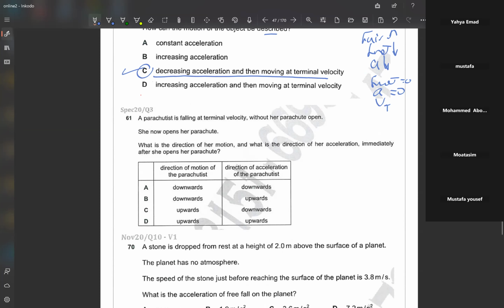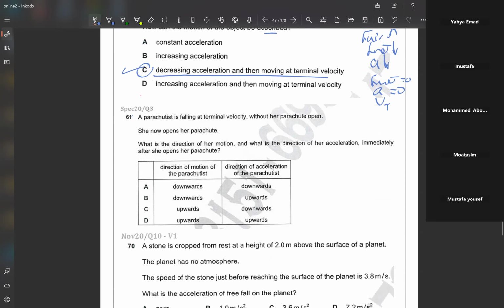Now, Mu'tasim. A parachutist is falling at terminal velocity without her parachute open. She now opens her parachute. What is the direction of her motion and what is the direction of her acceleration immediately after she opens her parachute?